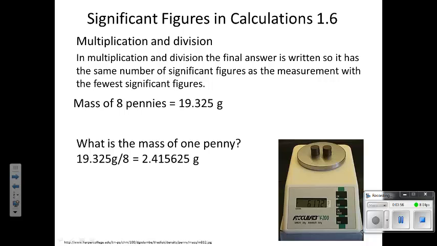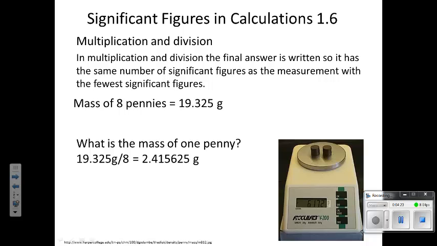In multiplication and division, the final answer is written so that it has the same number of significant figures as the measurement with the fewest significant figures. So I have 8 pennies, and I want to know what the mass of 1 penny is. I'm going to divide 19.325 by 8, and I get 2.415625.